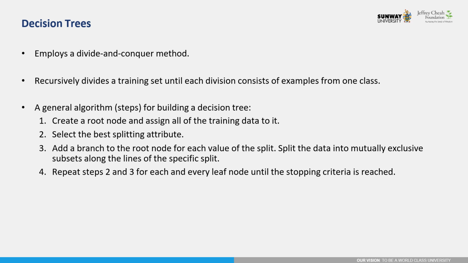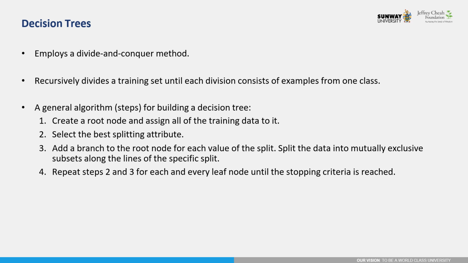What is the meaning of mutually exclusive? Then we have only one option to select along the specific split. So you need to split the data, and then you need to choose a specific subset, right?